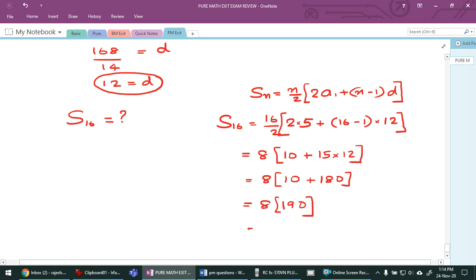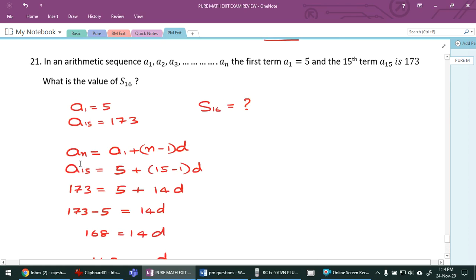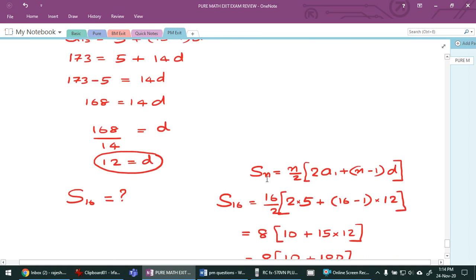And 190 into 8 is 1520. So here you should remember two rules. One is the rule for nth term, an equal to a1 plus n minus 1 d. Another rule is sum of n terms, Sn equal to n by 2 into 2a1 plus n minus 1 d.